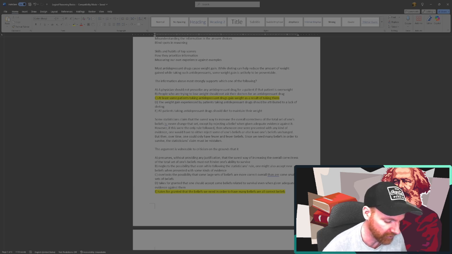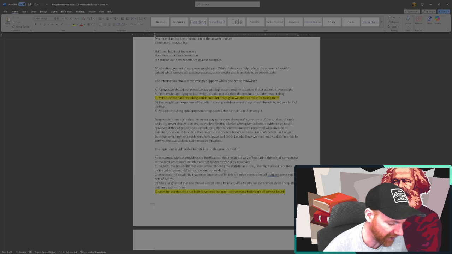Exactly. We're told of a relationship between antidepressants and weight gain, but the stimulus doesn't say anything about what anyone should do exactly. C seems to be justified. Keep the answer. Yep. So C seems to be the correct one.